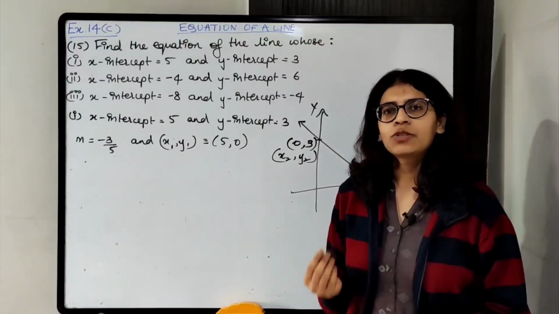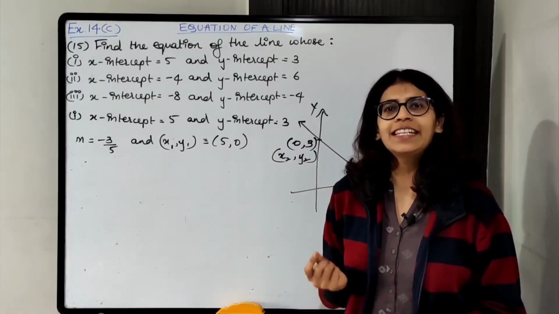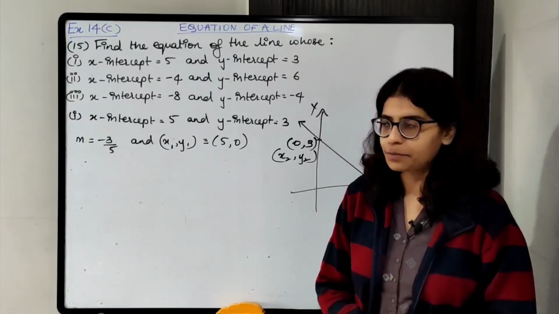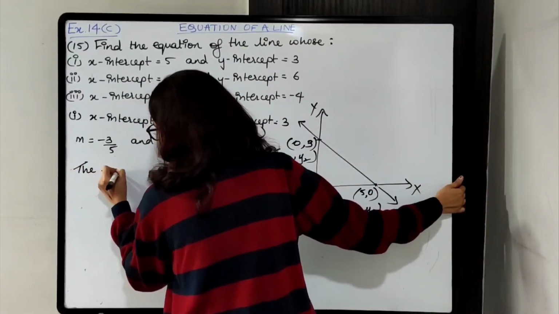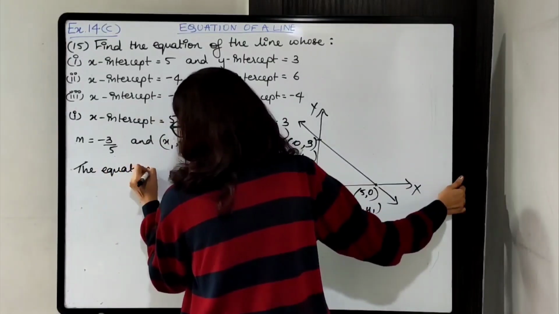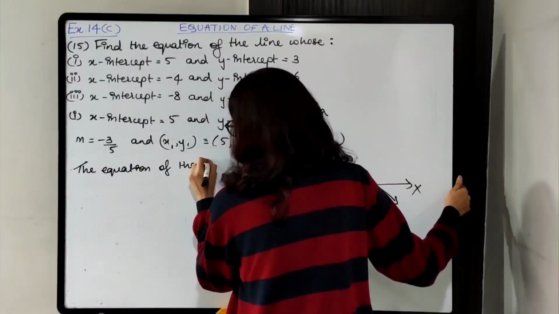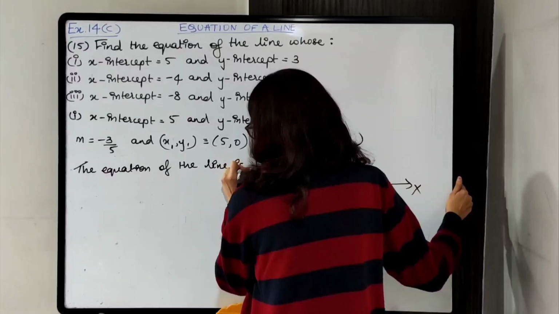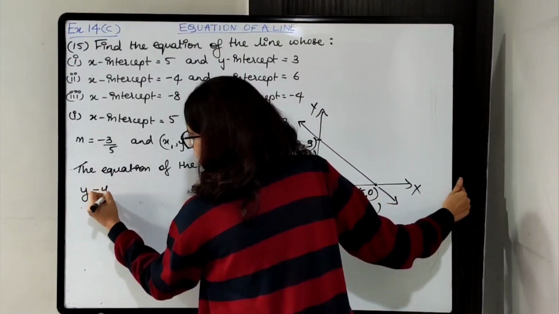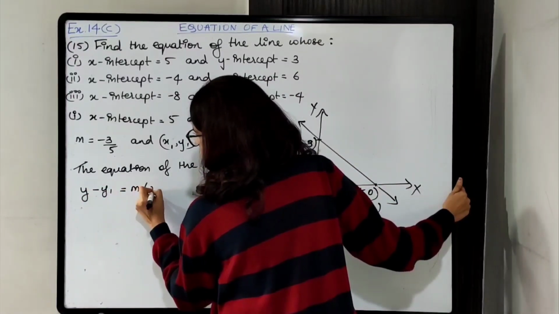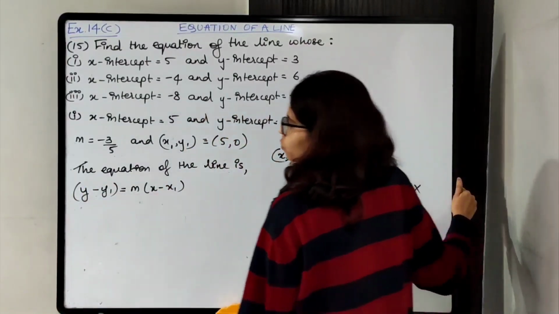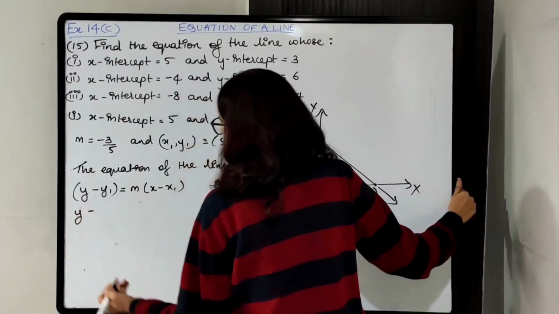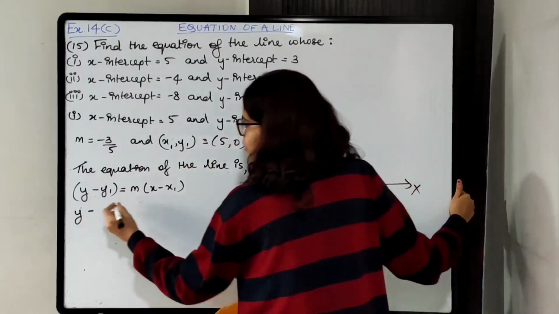So now we have all the information. We can easily find out the equation of the line. So the equation of the line is y minus y1 equals to m into x minus x1. So y as it is, y1 is 0.